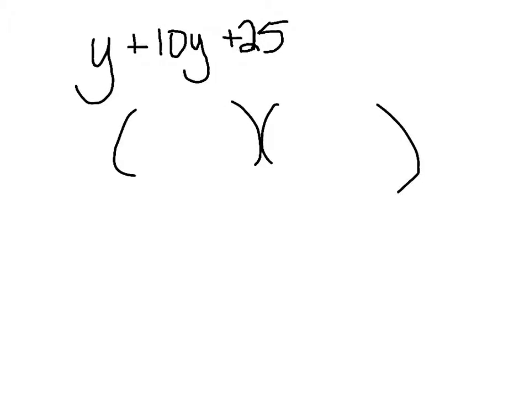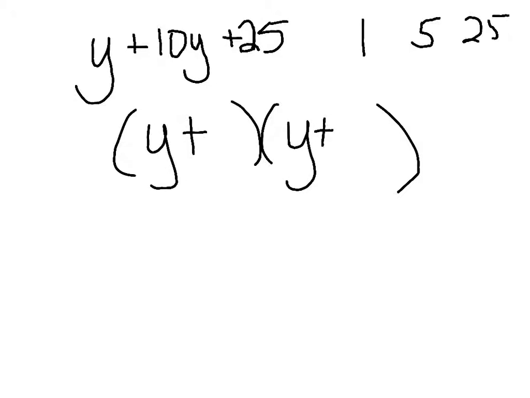So if we start playing around with that, 25 can be 1 times 25 or 5 times 5, right? So which ones can I multiply to get 25 and add together to get 10?